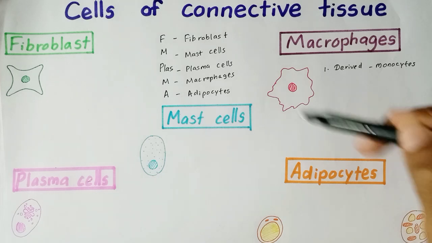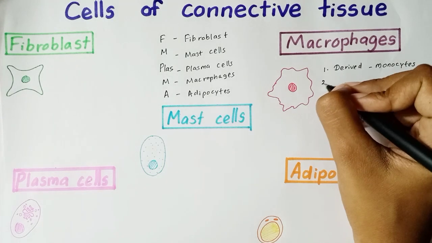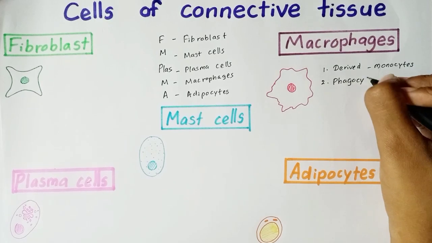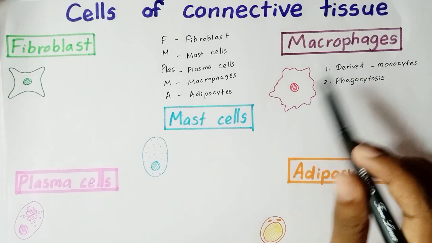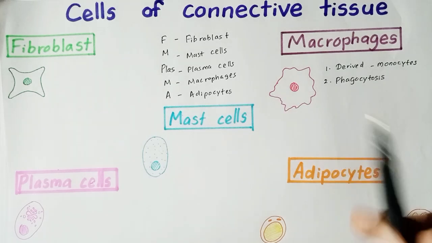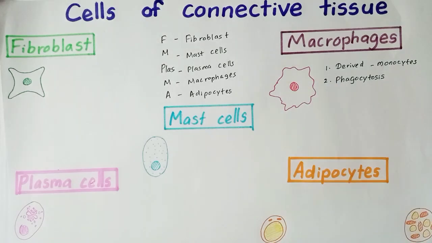So these macrophages are also a type of that, and therefore the main function of these macrophages is phagocytosis. As you can see in this diagram also, these macrophages are irregular in shape and they have short branching projections like this. Okay.